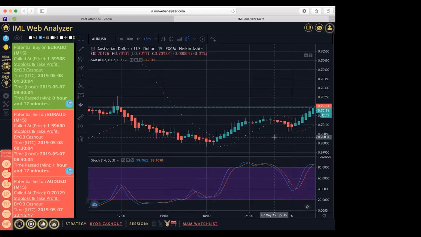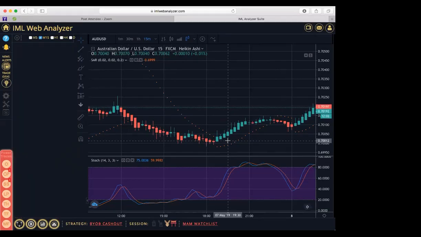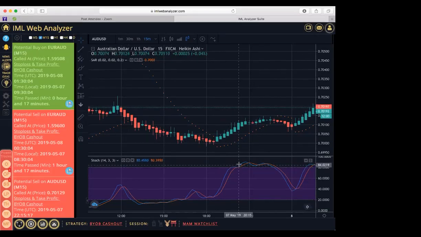Increase your accuracy, understand that I'm going 10 pips from the call price. So just as we showed on another example, I can enter before if my rules are there, but it's 10 pips from my call price. And then I have everything lined up with my stochastic, but my stop loss is always outside of my SAR, and I just explained to you why that's where I put mine.